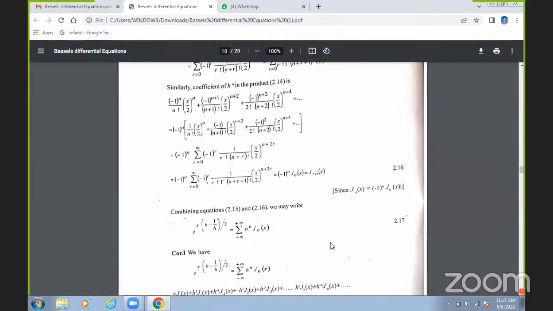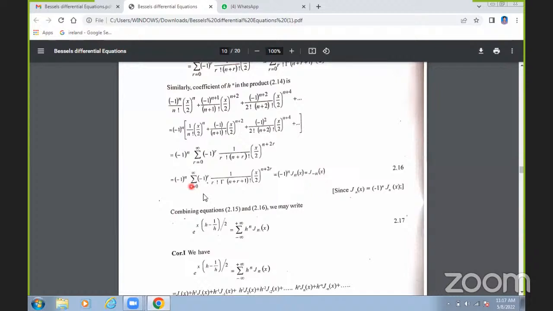So by combining, sorry, not comparing, by combining these two equations, we are going to get this one, e to the power of x(h minus 1/h)/2.